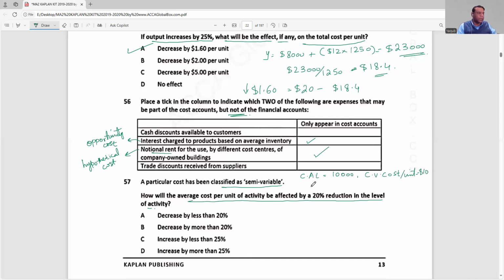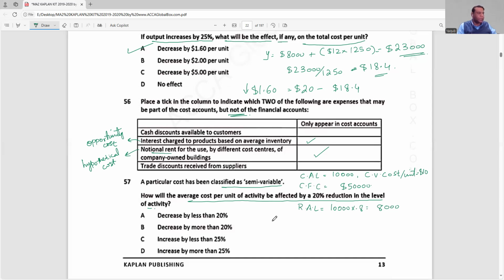Again, assuming data, current fixed cost is $50,000. Now he's saying that we are going to reduce our activity level by 20%. So revised activity level is 10,000 into 80%, 8,000.